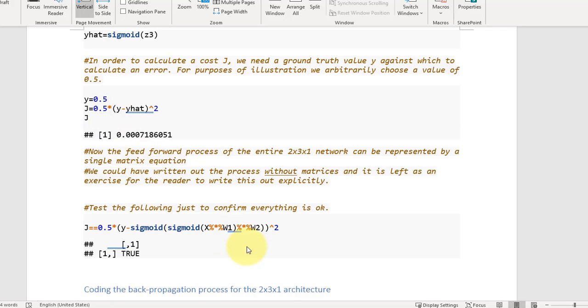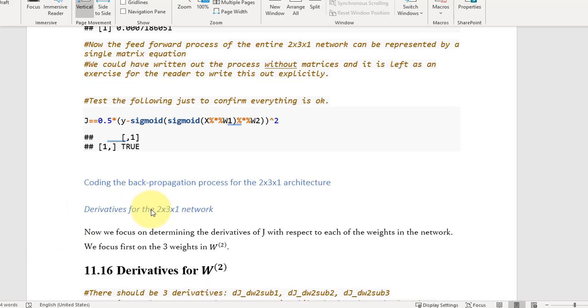We don't have Z2, Z1, and so on. We just have X, the weight matrix at layer 1, and the weight matrix at layer 2. We do all the calculations, and J can be expressed as a single matrix equation. So we have represented the entire feed-forward process. That's just this one equation.